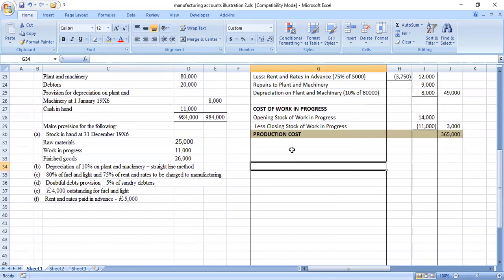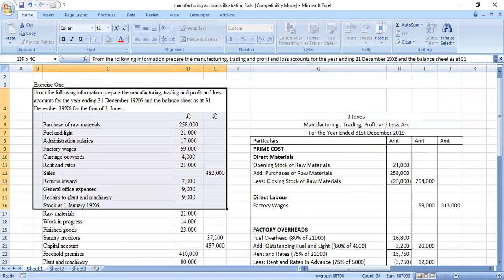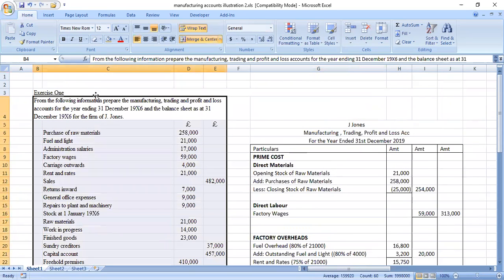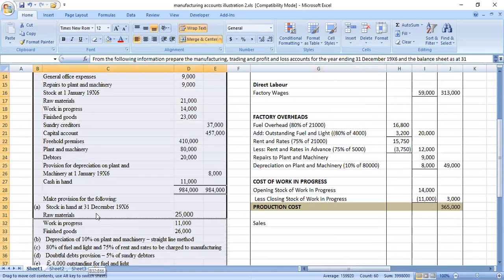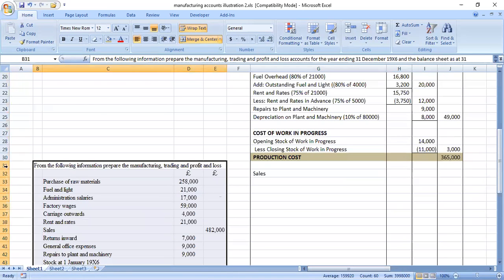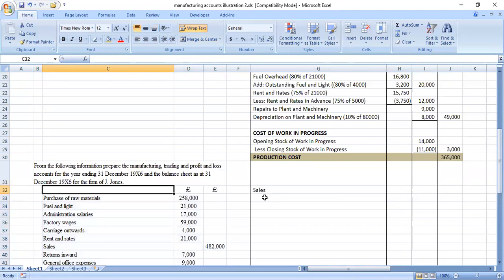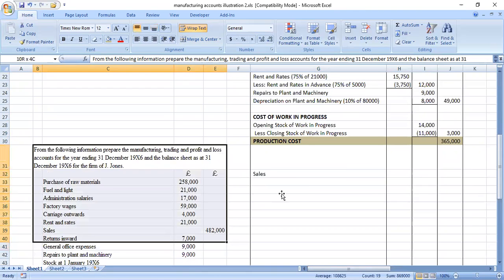So next we have the trading account part, where you show the gross profit, which is equal to the sales minus the cost of sales. Ni drag hii chini kidogo. Drag it down, matika tu hivyo.